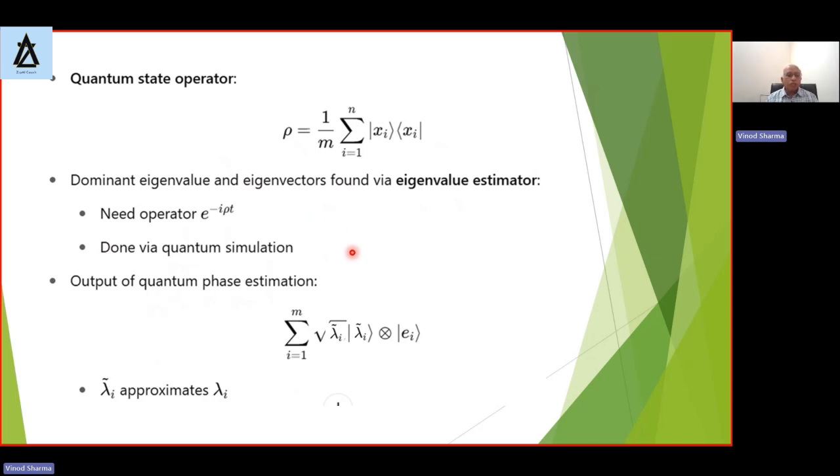This can be done via quantum simulation, and from this we calculate using the quantum phase estimation algorithm that we have done earlier, and at the output we get the state where lambda i's were the eigenvalues of rho, and lambda i tilde are approximations of these. These approximations have been used here, and ei is the corresponding eigenvector for eigenvalue lambda i.